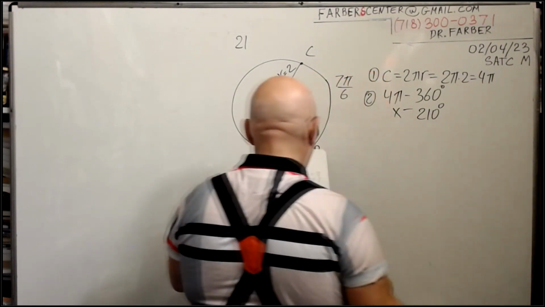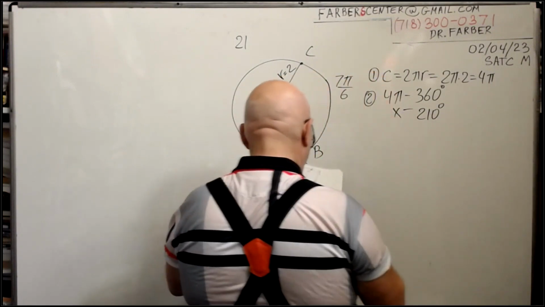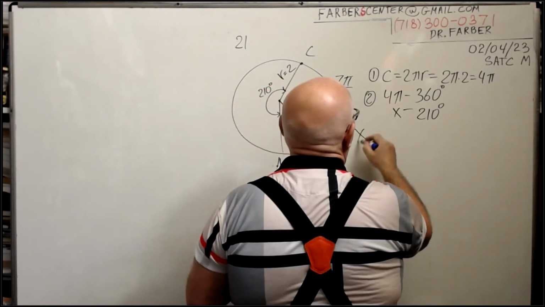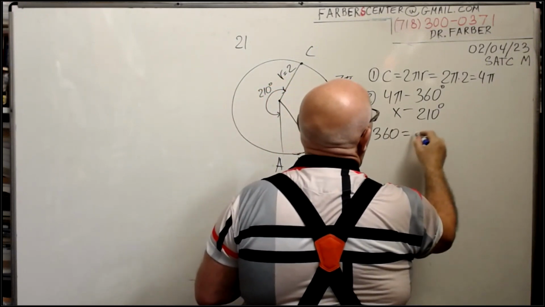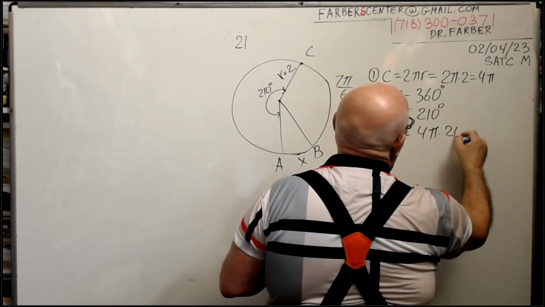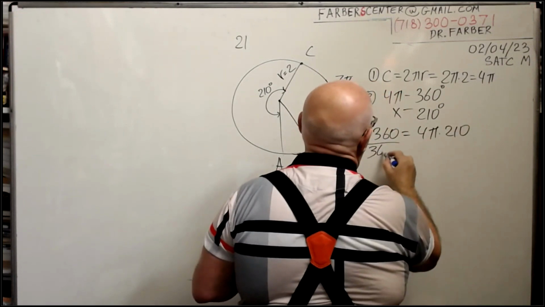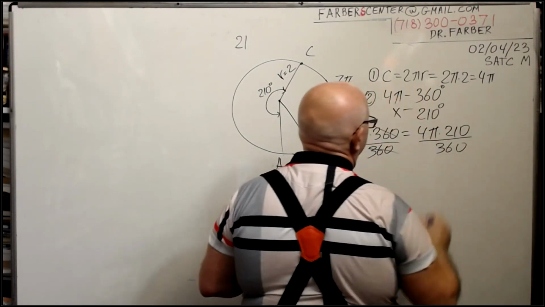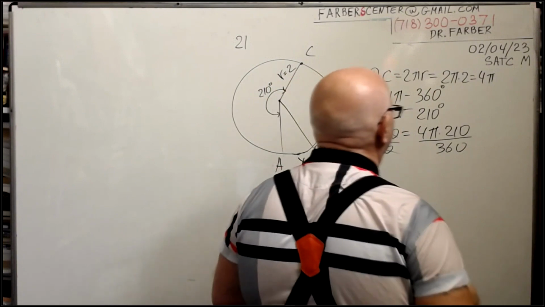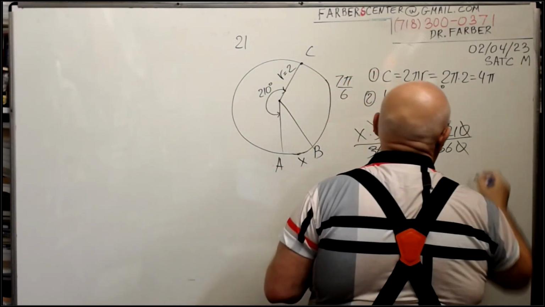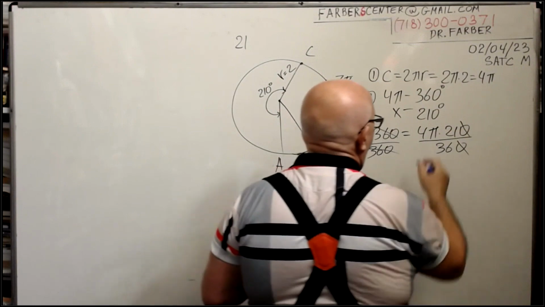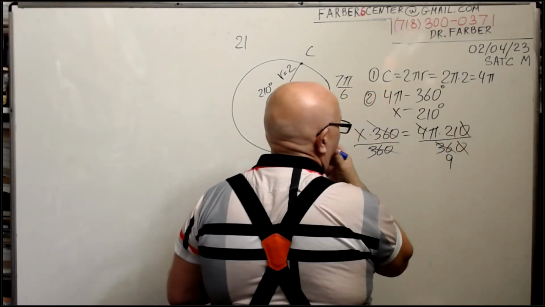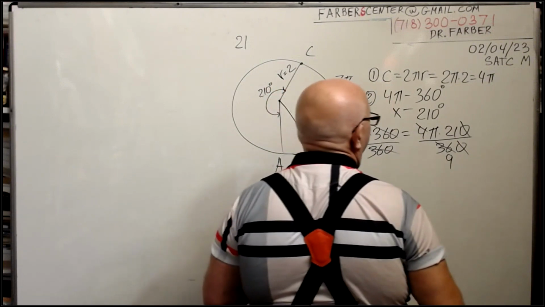When you multiply, x times 360 equals 4 pi times 210, divided by 360. Cancel, cancel. Four goes into 36 9 times. You can simplify 21 and 9 by 3.